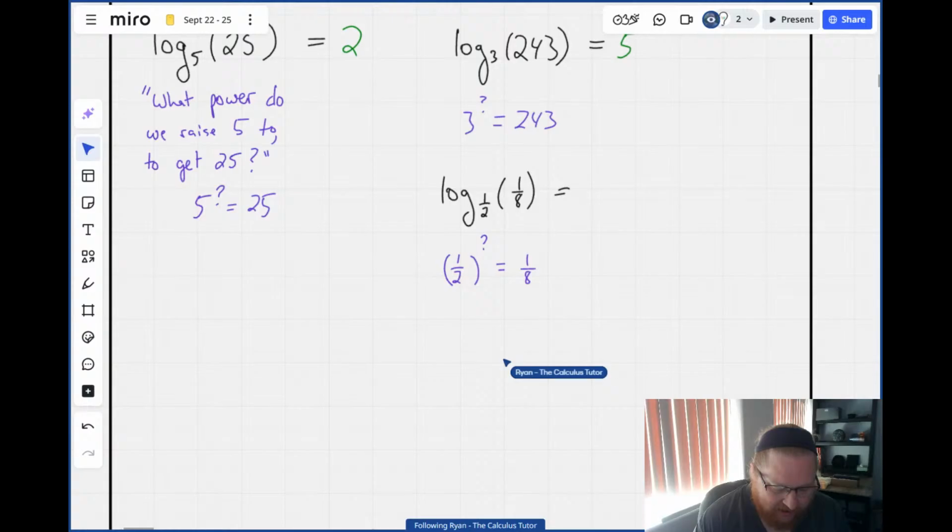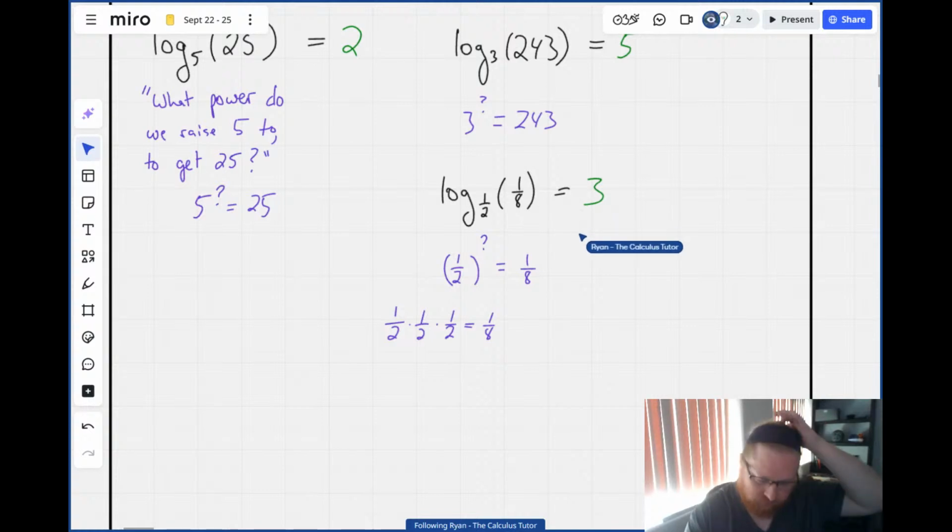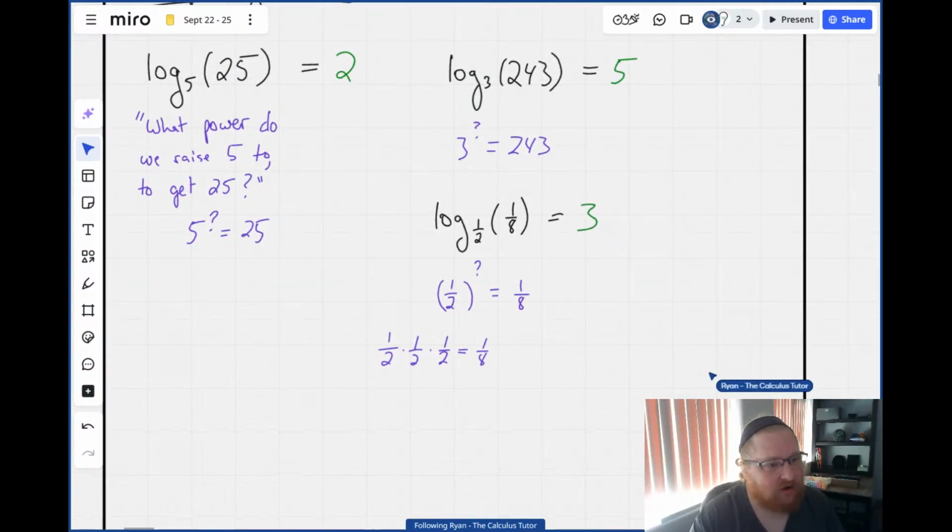There's a few ways to go about this, but we know if you're multiplying powers of 1/2, it's just 1/2 times 1/2 times, over and over and over again. So it's just 2 times 2 times 2. So really, this is kind of a way of asking 2 to what power is 8? Well, that's 3. It'll be the same thing here. Right? 1/2 times 1/2 is a fourth. A fourth times a half is an eighth. So this would have to be a 3. And that's logarithms.